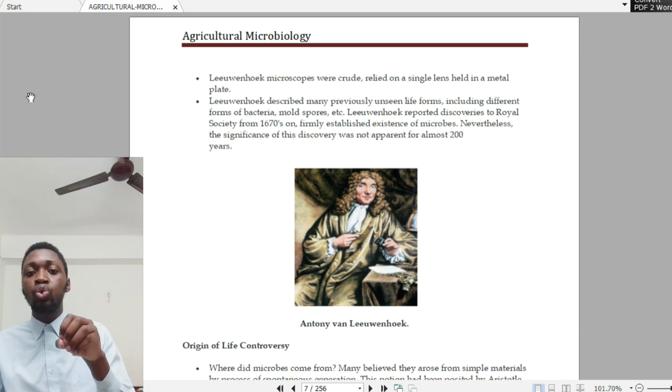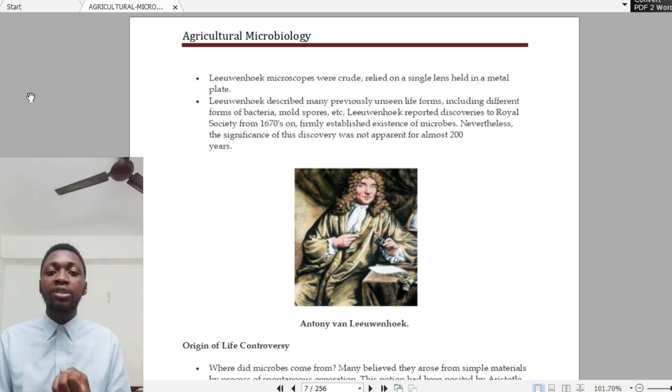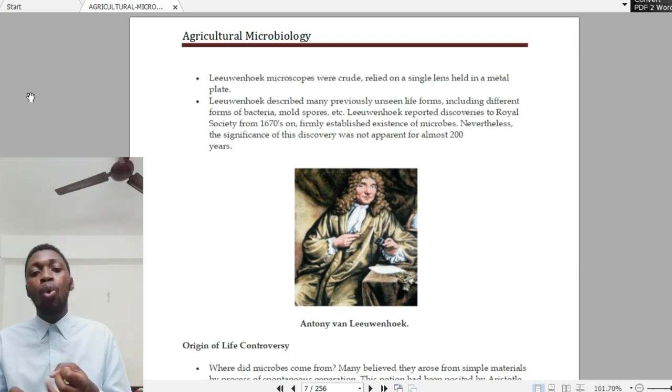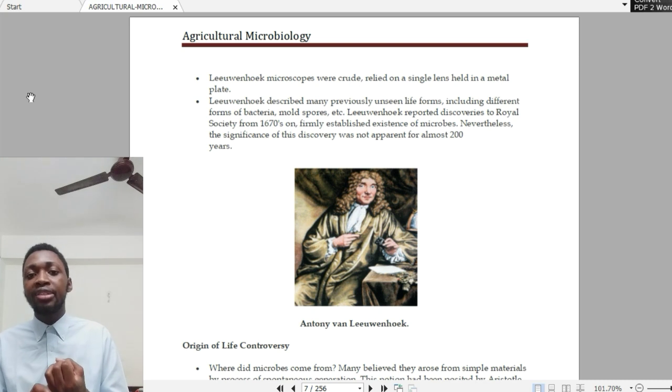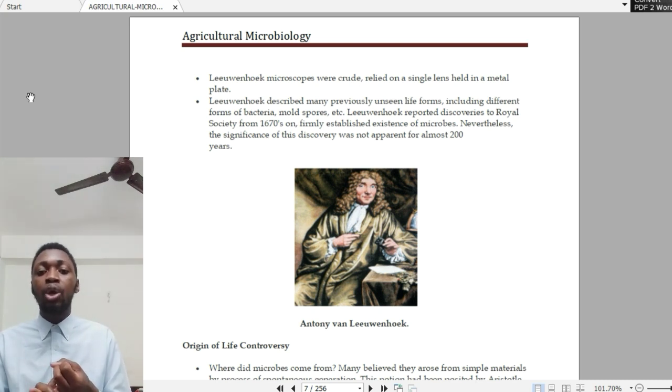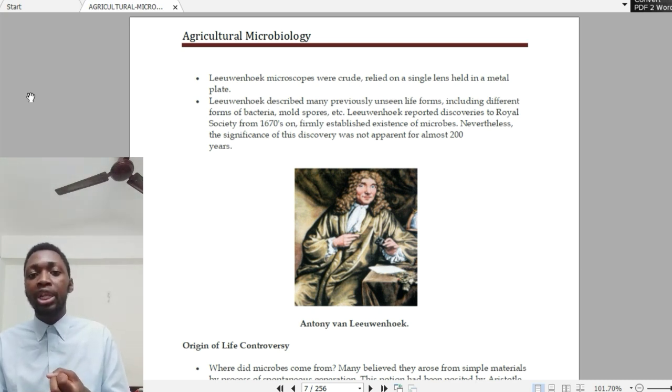In order for him to see these microorganisms, I said they can be divided into two groups, prokaryotes and eukaryotes, whereby the prokaryotes lack a true nucleus, and the eukaryotes contain a true nucleus.